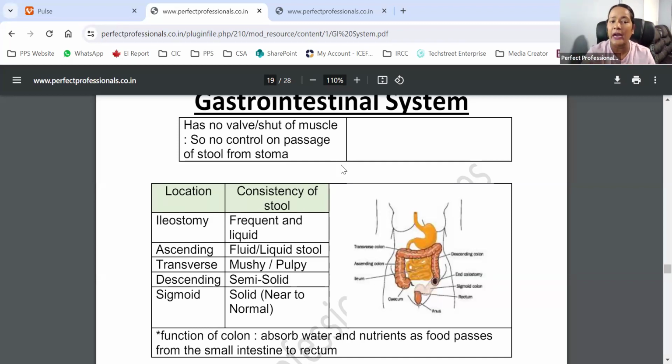So there will be continuous secretion or stool in the stoma. Okay, so no control on the passage of stool from the stoma. Now, depending on the location, what consistency of stool you get depends on the location of the stoma.